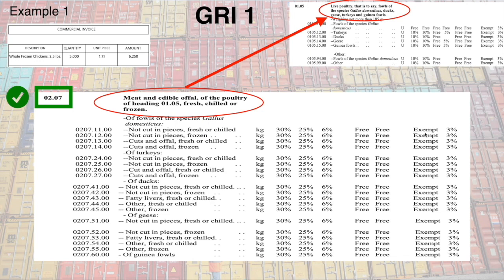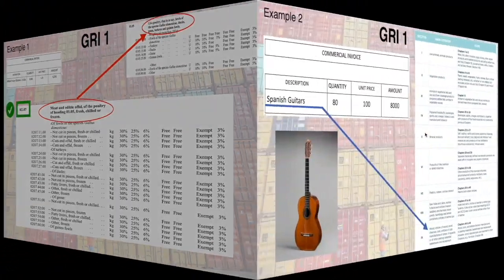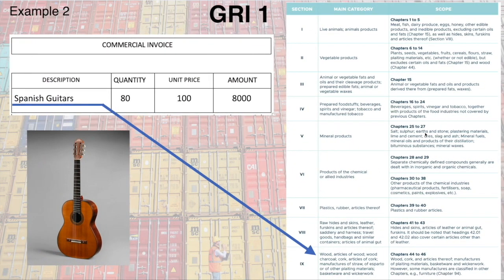But let's look at another example, because actually, as you already know, we shouldn't only pay attention to the text of the headings. You know that. Now we have a guitar, and our commercial invoice is about a classical Spanish guitar.